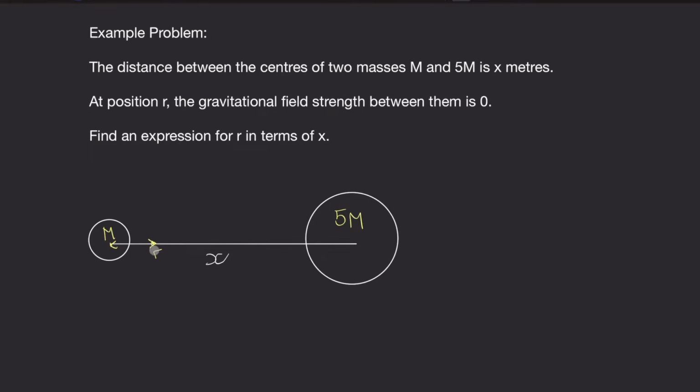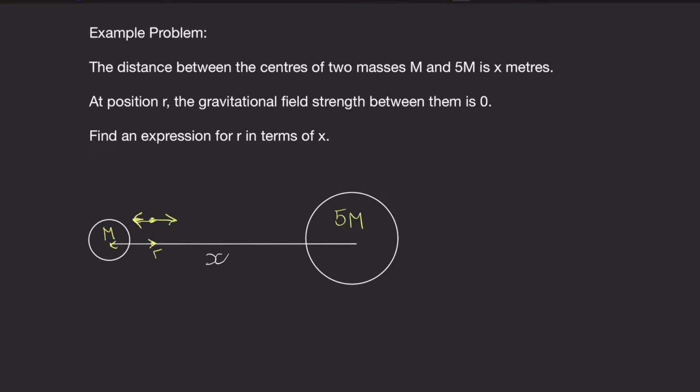Okay, so at this point right over here, in order for the gravitational field strength to be 0, if we were to place a little mass, then that's going to experience a gravitational attraction towards m, but will also experience exactly the same in the opposite direction towards 5m. At that particular point, they're going to be equal and opposite.